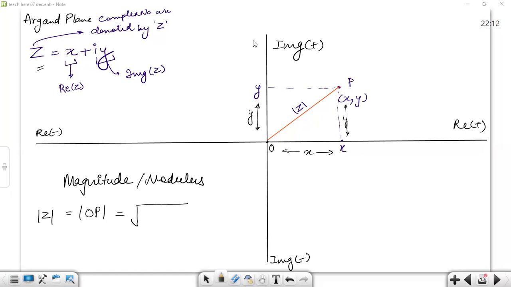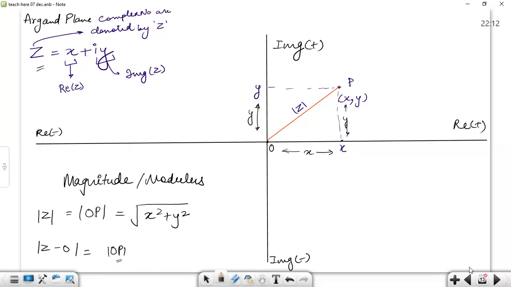So we were discussing the magnitude or the modulus. Now this will become the square root of x square plus y square. As we understand, the modulus of z is the length of this particular point from the origin, so we may write it like this: the OP length.